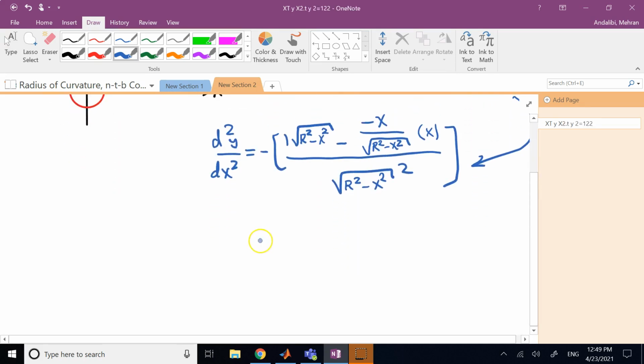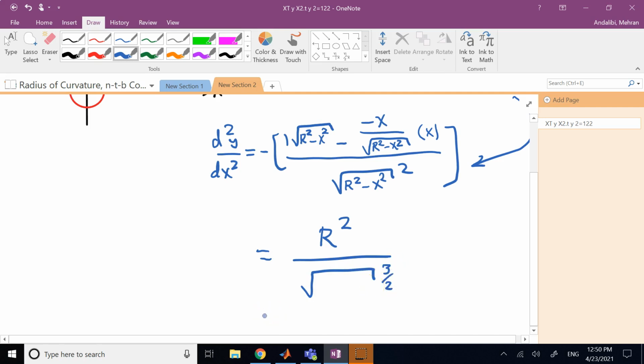And if I further simplify it, these two are going to be x. And here, this one will be multiplied by that. So here you have x squared, r squared, negative x squared. If you simplify, you will get r squared divided by square root of this to the power 3 over 2.